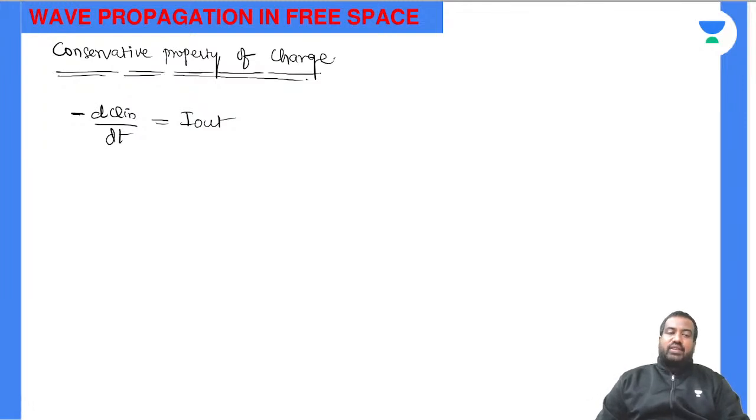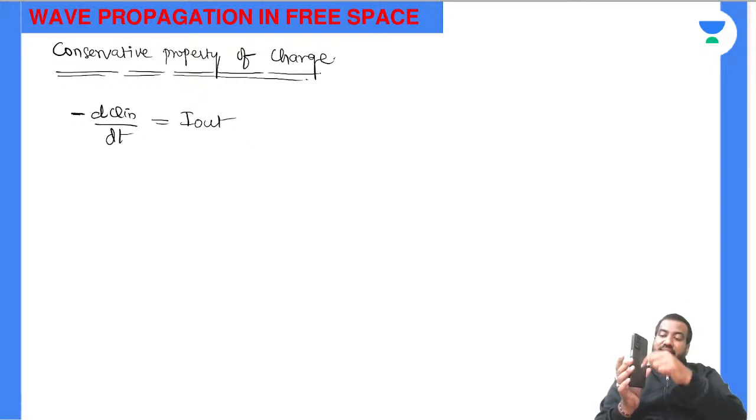Why am I calling it a natural phenomenon? The rate of decrease of charge within a closed volume is equal to the net outgoing current. Let me take the example of a cell phone. If you use your cell phone continuously, what happens? The charge will decrease, am I right? In this cell phone, there is a battery, which is a volume holding charge.